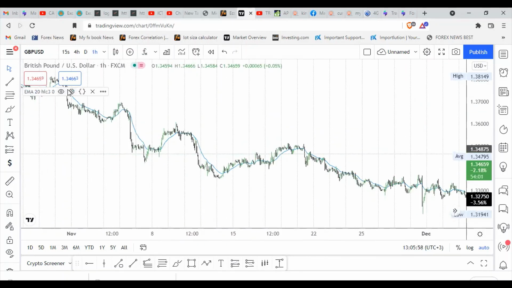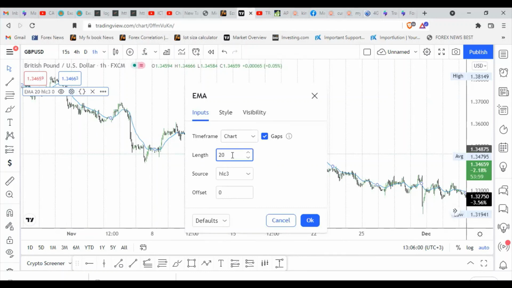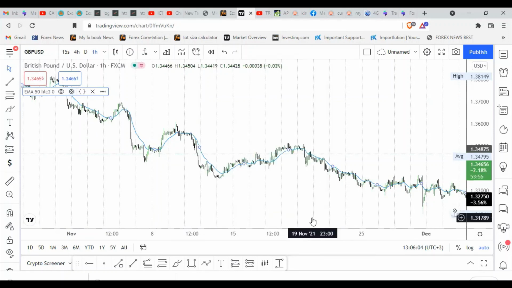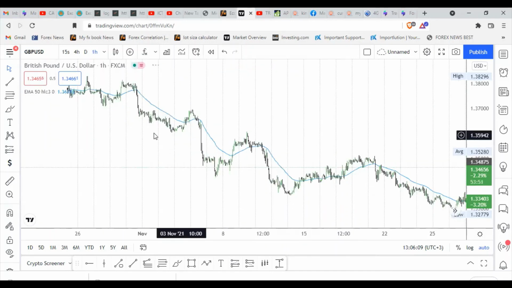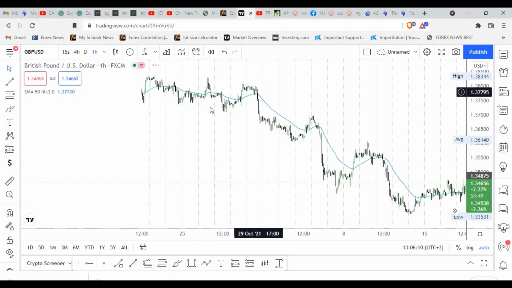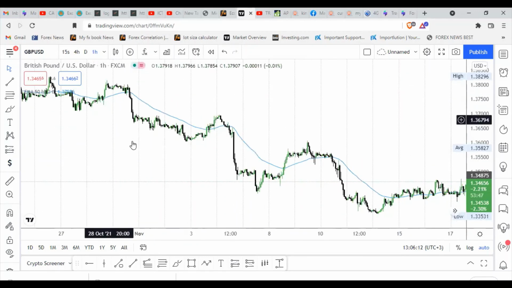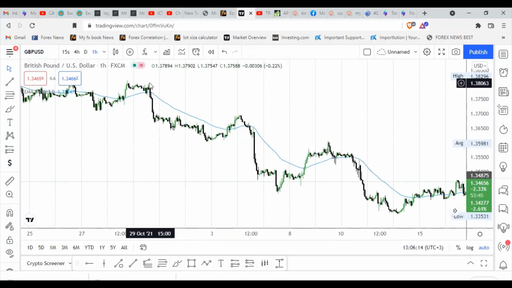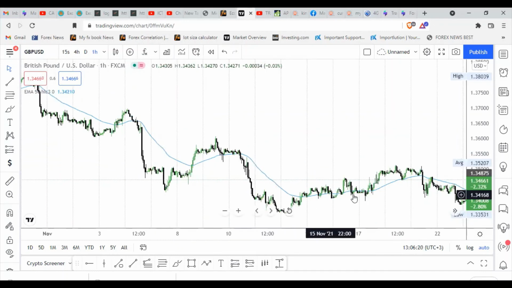It depends on the number of periods that you are dealing with. If you are dealing with 50, price will react to it even more compared to 20. This was when it was acting as resistance. The price went to it, was rejected, went again, rejected, went again, rejected, went again to it.